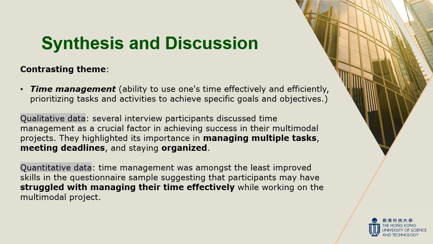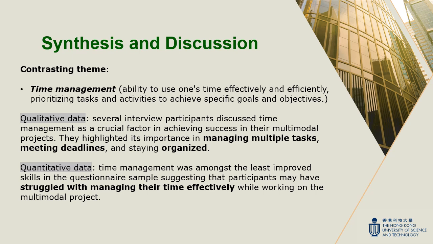First, although the quantitative part and the qualitative part both touch upon time management, their findings are different, so it's a contrasting theme. The qualitative sample found that they developed time management skills. They realized the importance of managing multiple tasks, setting internal deadlines, meeting the deadlines, and staying organized.